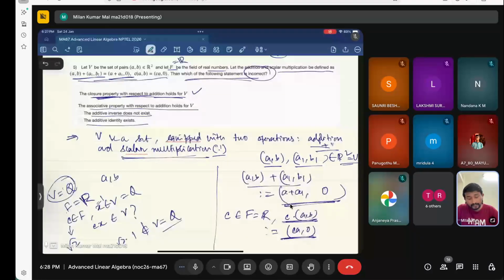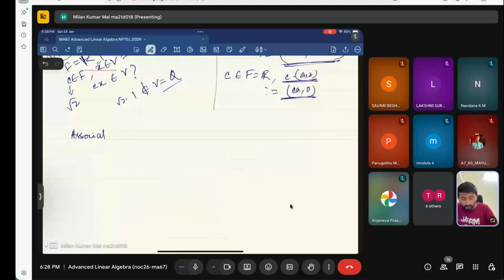Now the second thing is the associativity property. What is the associative property of addition?